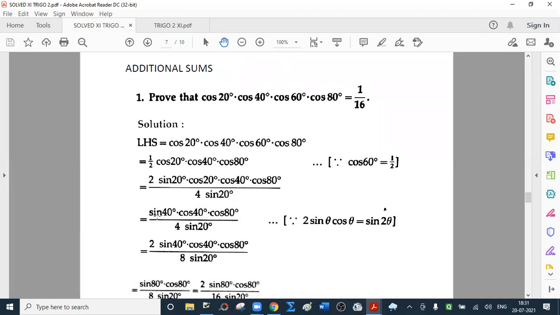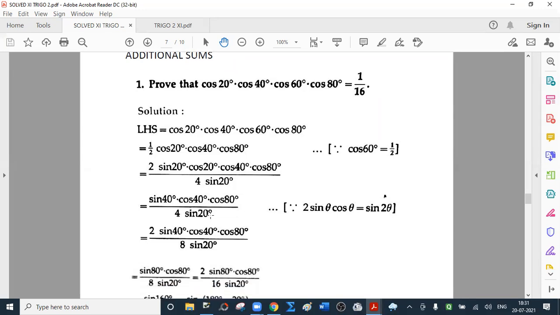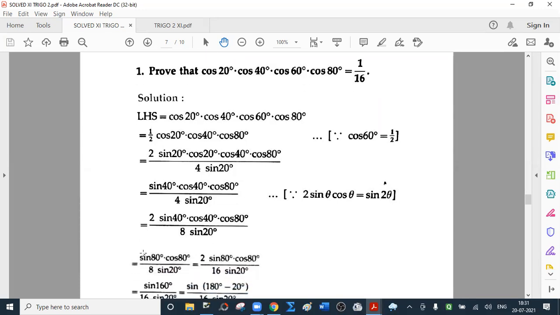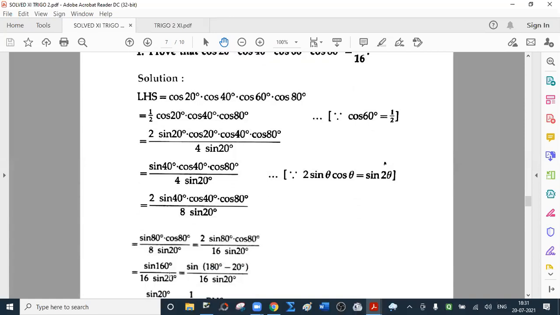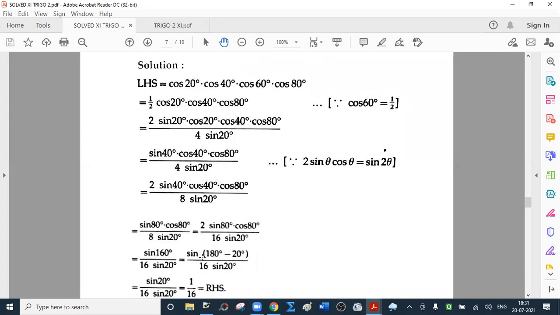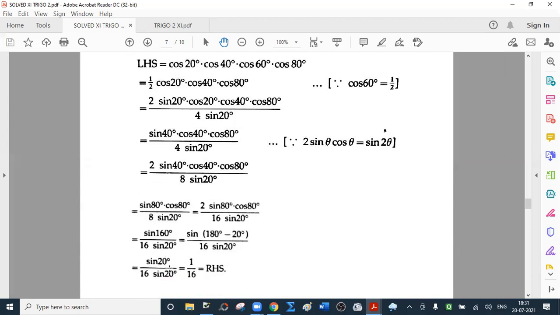Again multiply by 2. 2 sin 40 cos 40 is sin 80. 2 sin 80 cos 80 is sin 160. Now 160 is supplement of 20. Note that sin of 180 minus theta is sin theta. Sin 20 degree gets cancelled with the sin 20 degree in the denominator. What remains is 1 upon 16. Right?